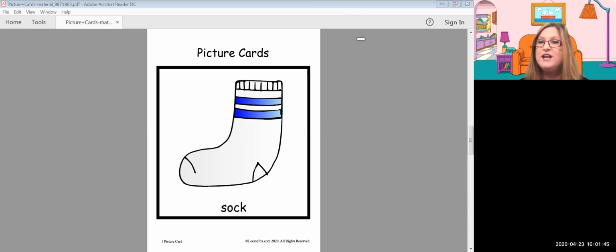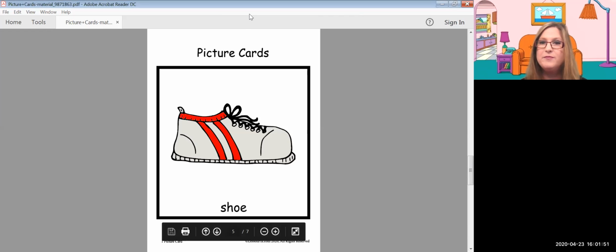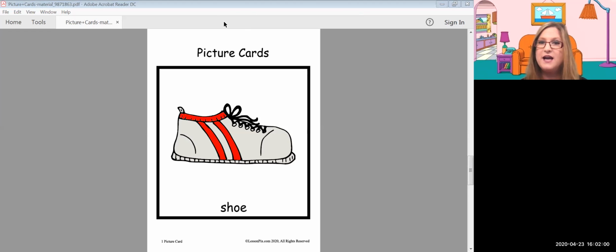Okay, let's move to our next word that goes hand in hand with sock. We have shoe. And so you can say shoe or shoes. The sign is going to be simple enough to remember for shoe. I remember this one by The Wizard of Oz because Dorothy always clicked her heels together in her ruby red slippers.